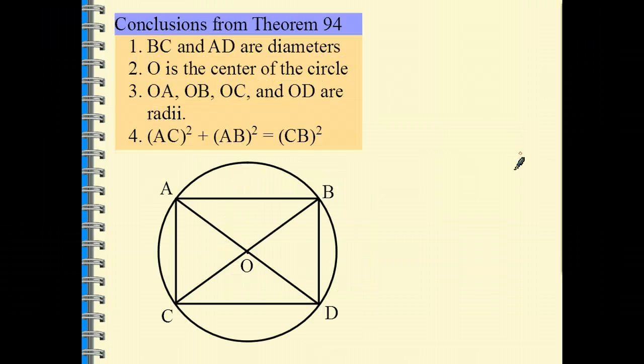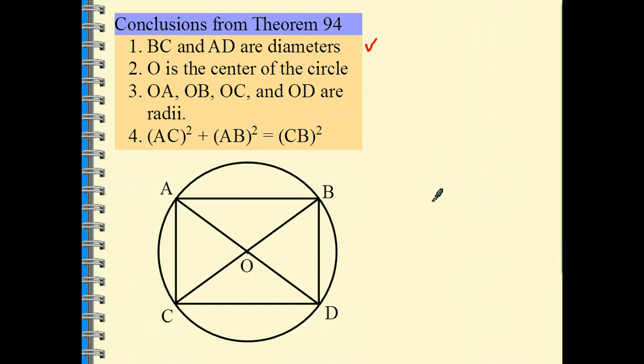Now, Theorem 94 lets us conclude a few things here. Given that we have a parallelogram inscribed in a circle, we already know that the parallelogram has to be a rectangle. So what does that mean? If our vertices are A, B, D, and C here, and we have center O, we can conclude a few things. First, BC and AD are both diameters.